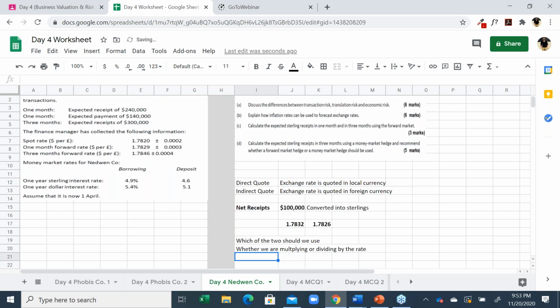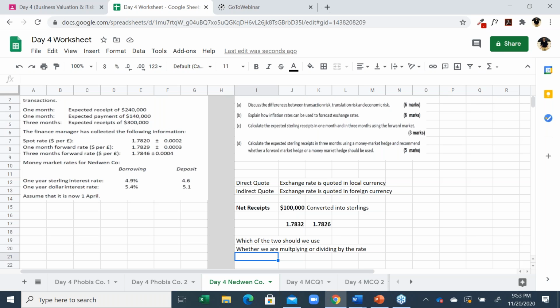So these are the two questions that we need to answer first, and I'll give you the rule. Just hold on your horses. I will give you the rule of how we should decide whether to multiply or divide with the rate.